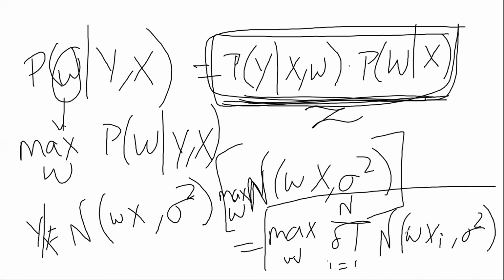This simplifies to minimizing the mean square error. So this is the maximum likelihood estimate of any function. This comes up in Bayesian machine learning. If you also factor in this P of W given X, then this is no longer a maximum likelihood estimate, but it's called maximum a posteriori, MAP.